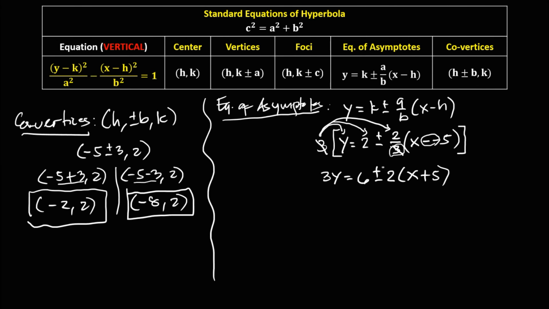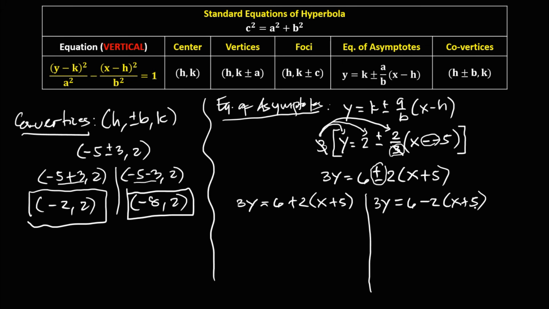Then this time we can separate now this plus and minus. So we have 3y equals 6 plus 2 times x plus 5. Then the other one, 3y equals 6 minus 2 times x plus 5.